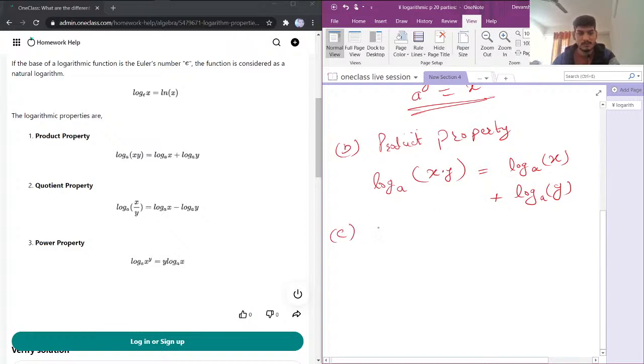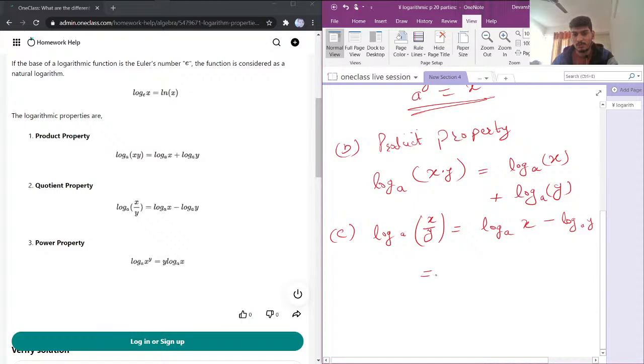The third one is the quotient property. So log base a of x over y will be equal to log base a of x minus log base a of y.